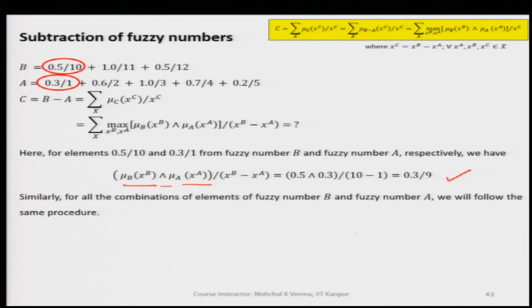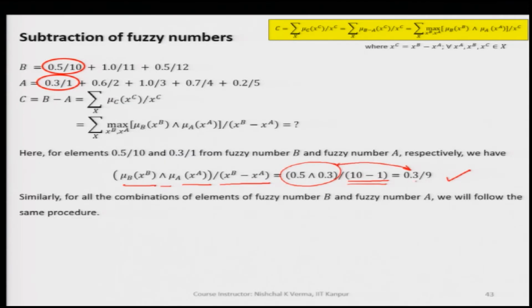oblique x B minus x A here. X B minus x A is because we are subtracting fuzzy number A from fuzzy number B. So, here when we take the min of the corresponding membership values, we get 0.3, and then when we subtract 1 from 10, we are getting 9.